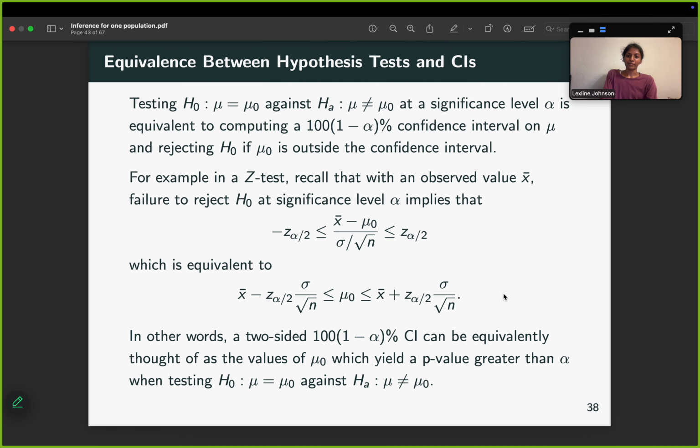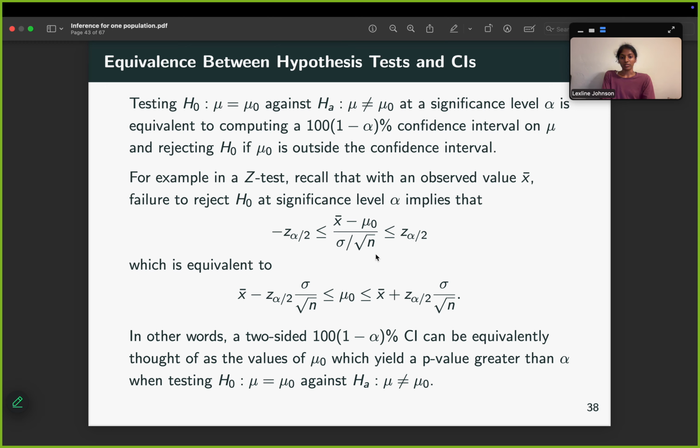For example, in our z-test we had this formula earlier where we calculate our test statistic in the middle, and check that it is between negative z alpha divided by 2 and positive z alpha divided by 2. If it's within those bounds, we fail to reject, and if it's outside of those bounds, we reject our null hypothesis.